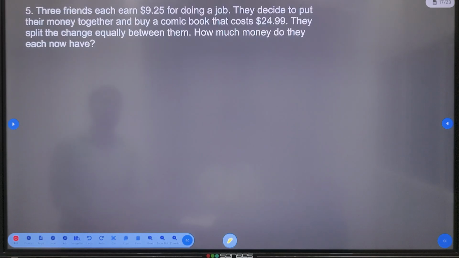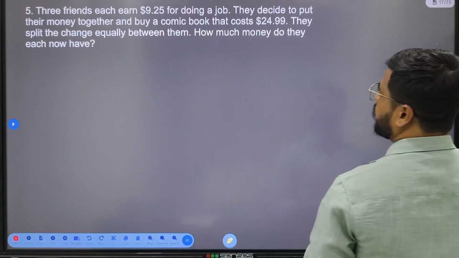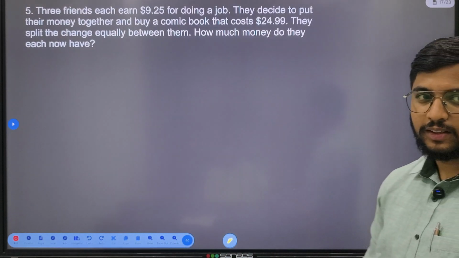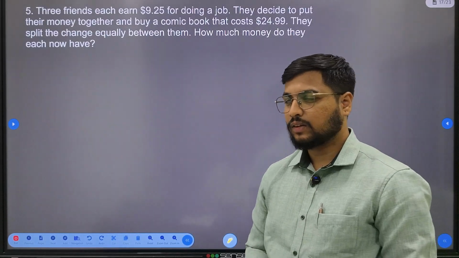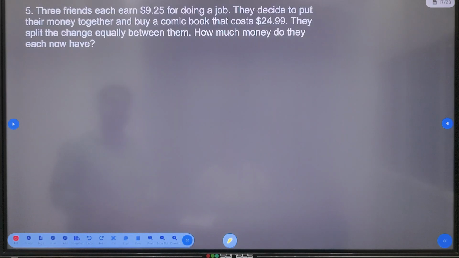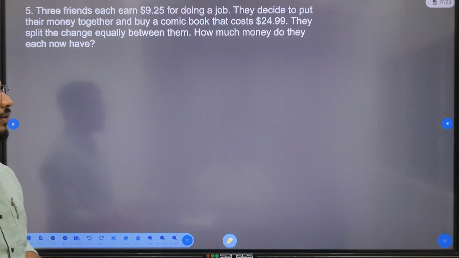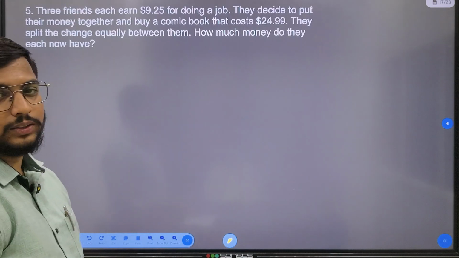Three friends each earn $9.25 for doing a job. So three friends are there. They earn $9.25 each for doing a job. They decide to put their money together and buy a comic book that costs $24.99.